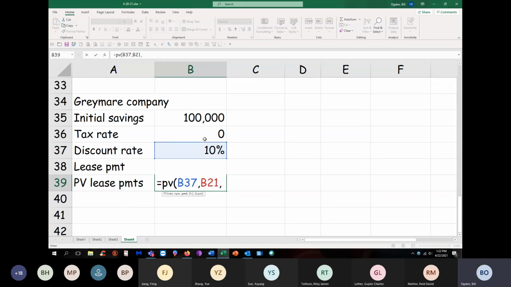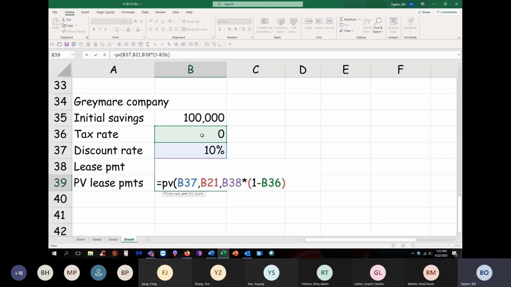All right, payment. This is supposed to be the after-tax lease payment. We know that the after-tax and the before-tax are the same because the tax rate is 0, but we are going to emphasize that. It would be this number right here times 1 minus the tax rate. So I'm not treating this company any differently. They just happen to have a tax rate of 0.